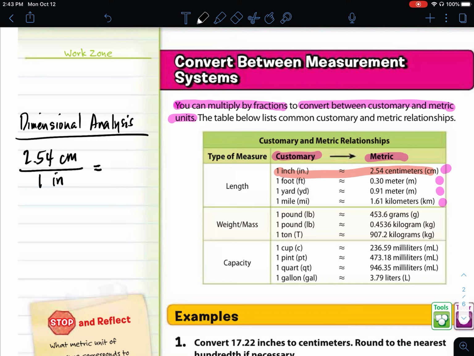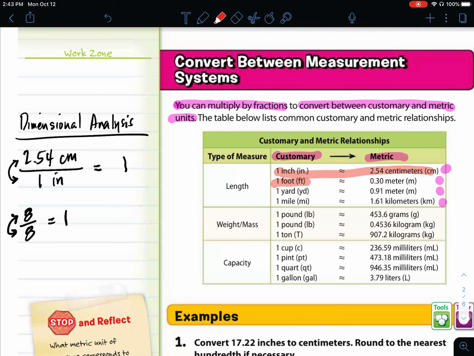And when I say 2.54 centimeters over 1 inch, that is actually equal to 1. Since they have the same measure, if I put the same measure on top of each other, it equals 1. For example, if I have 8 and I put 8 on top of it, that equals 1 because 8 is equal to 8. And since 2.54 centimeters is equal to 1 inch, that also equals 1.